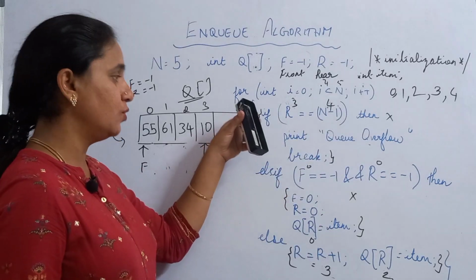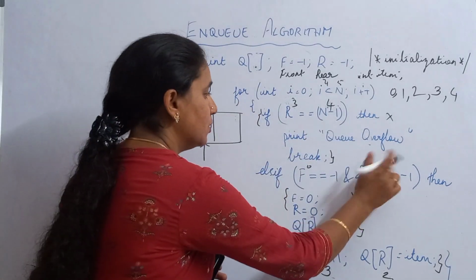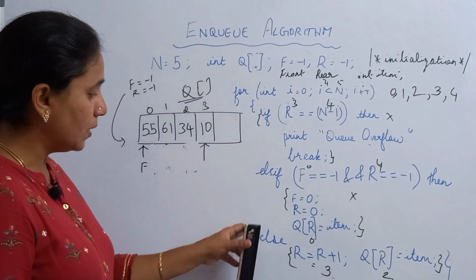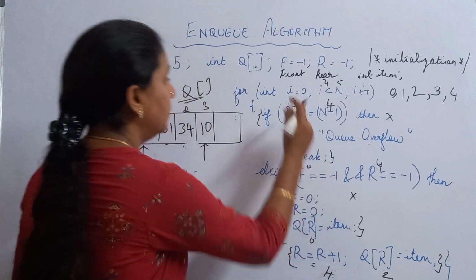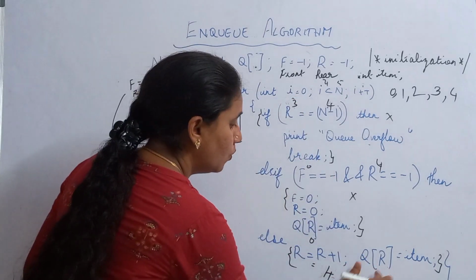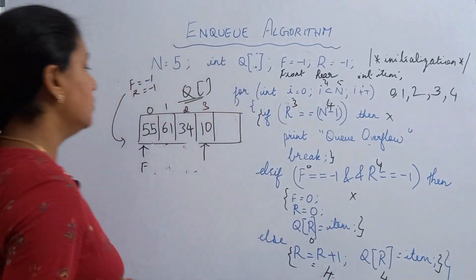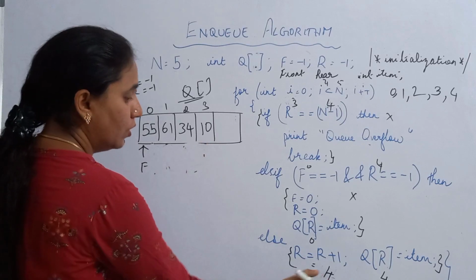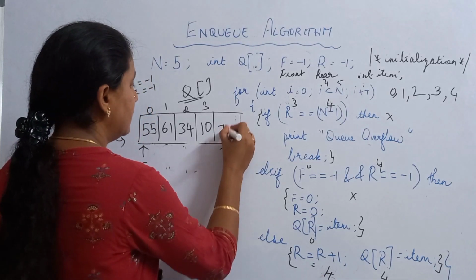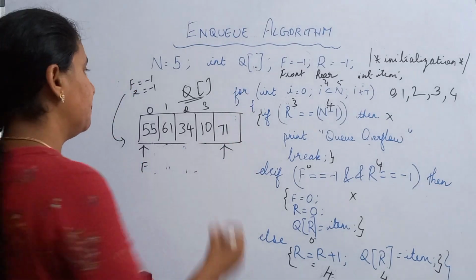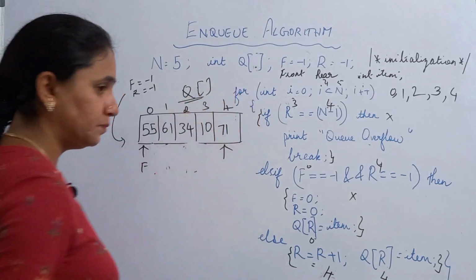So this is not executed. So this also will not be executed. So now you come here. So now r value is 4, isn't it? So 3 plus 1 is 4. So q of 4 is equal to item. So according to this statement, you increment r value. So insert the element as 71. Any value, okay. Randomly I am just inserting.